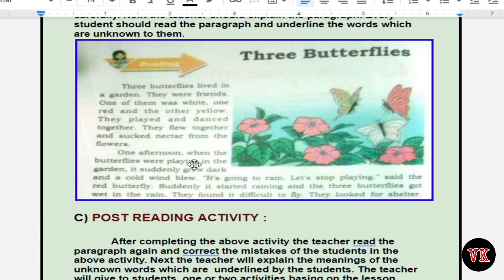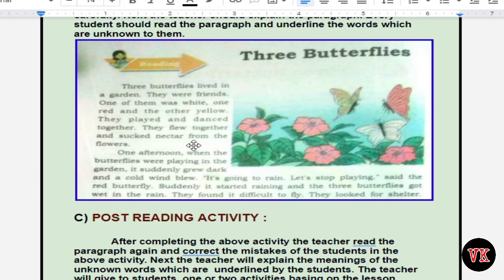3 butterflies lived in a garden. They were friends. One of them was white, one red, and other yellow. They played and danced together. They flew together and sucked nectar from the flowers.